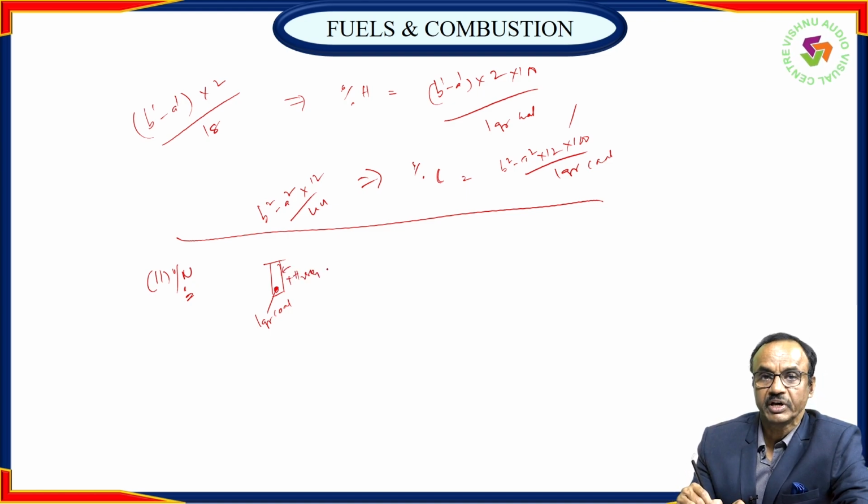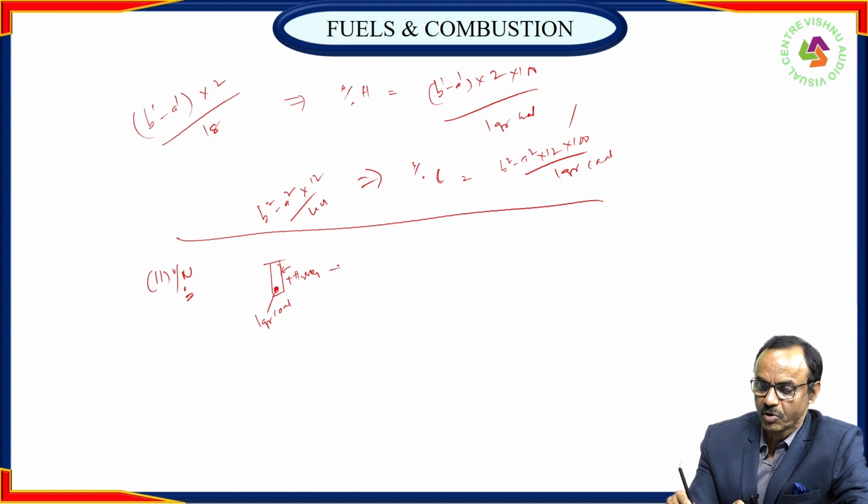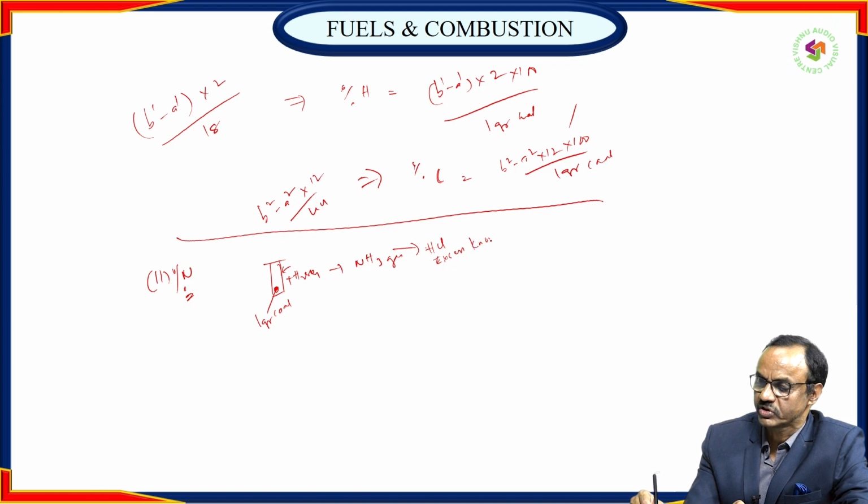If any impurity like nitrogen is there, that will come out as NH3 gas, right? Treat this NH3 gas with excess HCl, of known strength.